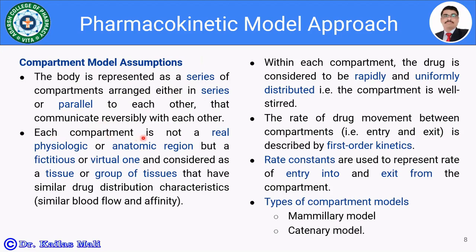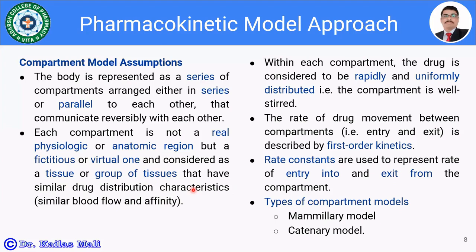Here, each compartment is not a real physiologic or anatomical region, but a fictitious or virtual one, and is considered as a tissue or a group of tissues that have similar drug distribution characteristics, for example depending on the blood flow or the affinity of the drug towards the specific tissue.